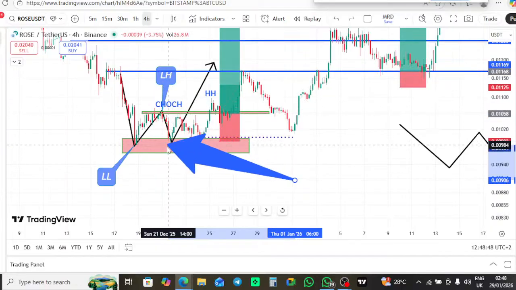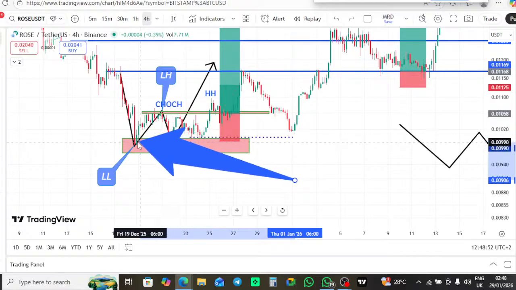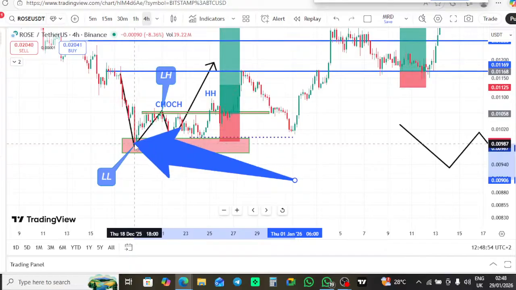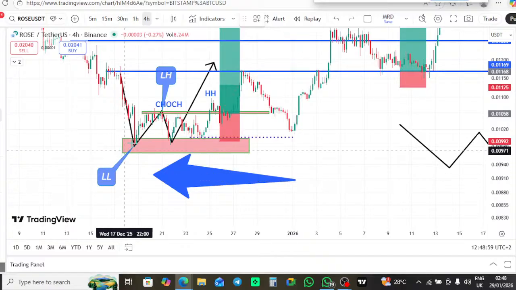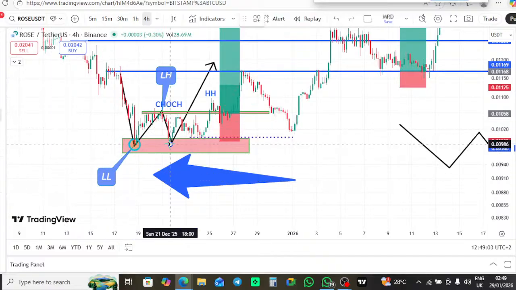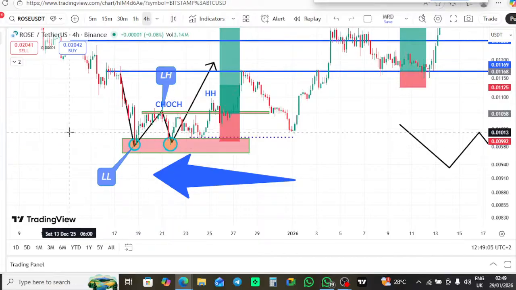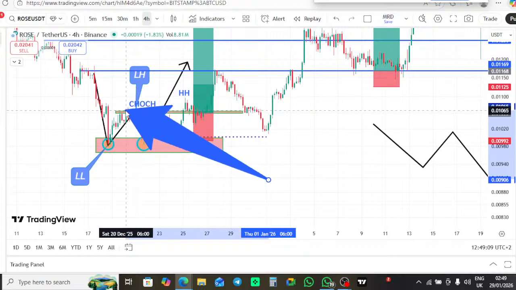But now, when you look at this point, it failed to break this one, and it was almost a double bottom. You see this, and you see another one. This is a double bottom, meaning the market was supposed to come and break this area.